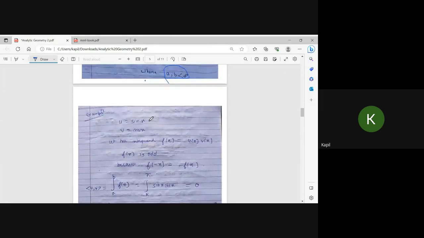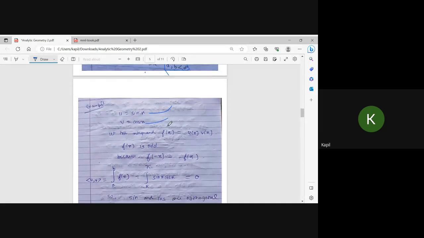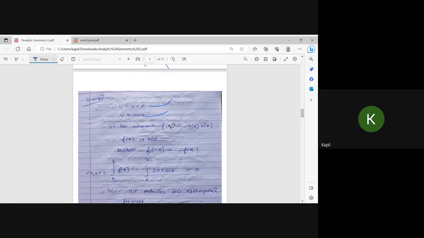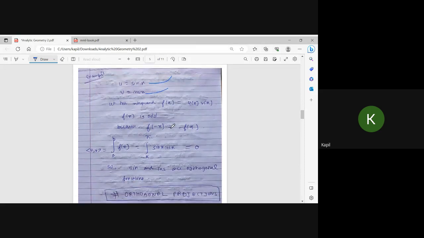So let us take an example. If u is sin x and v is cos x, let us assume the integrand f(x) is u(x) into v(x), the product of these two functions. So sin x into cos x is f(x), and this is odd because f of minus x is equal to minus f(x); it satisfies this condition.